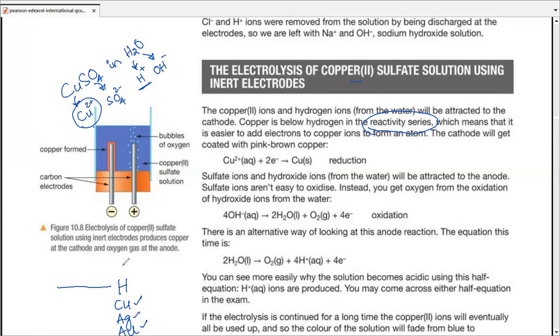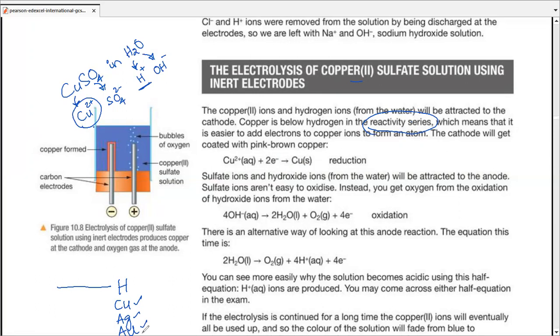Any other ion in comparison to hydrogen would lose this competition and would stay inside the solution. The ions that are less reactive than hydrogen will run towards the cathode and deposit there: only copper, silver, and gold.